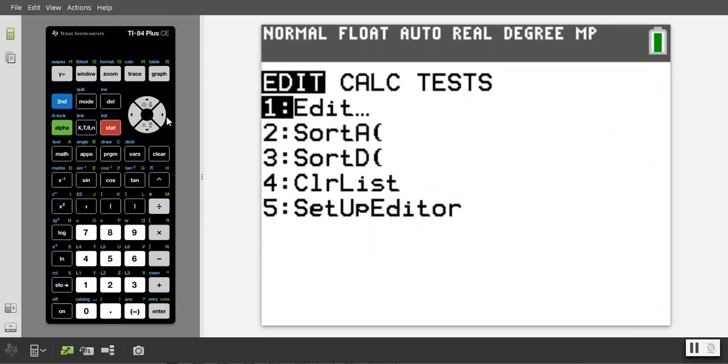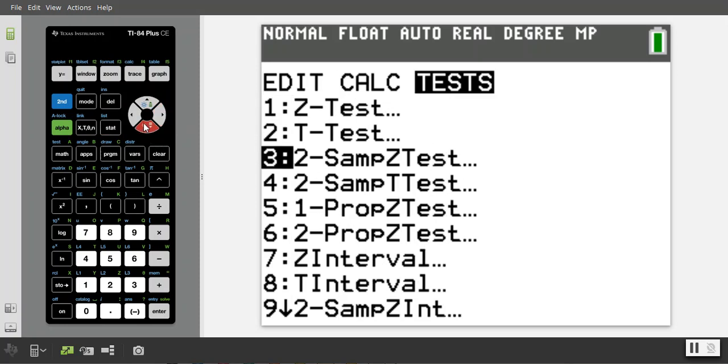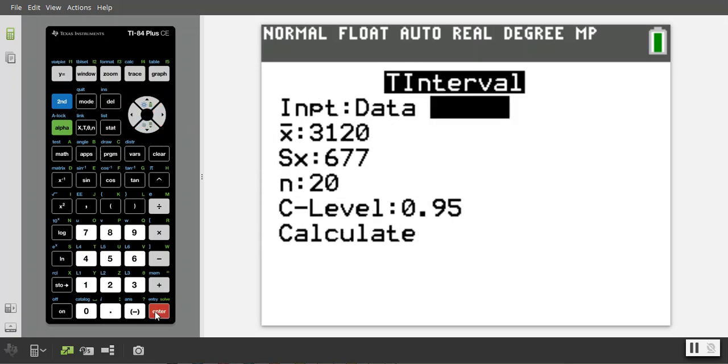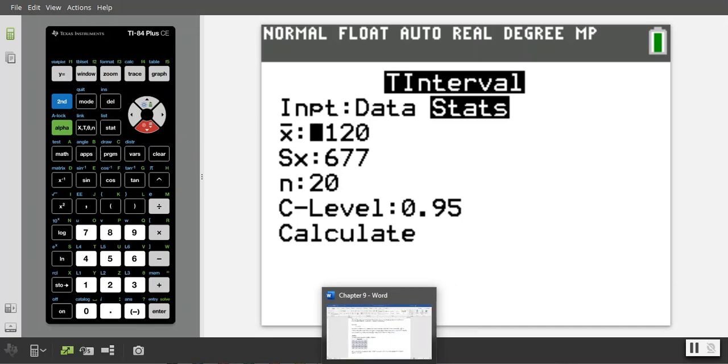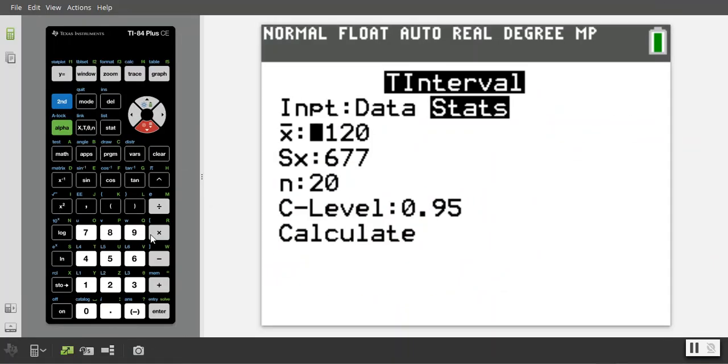This is kind of interesting. You go to stat, calculator, go down to the t-interval, and then we're going to use statistics. What was the mean? The mean is 77.4.